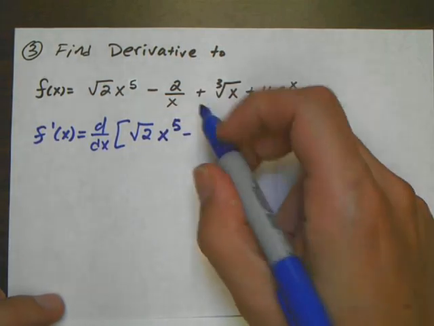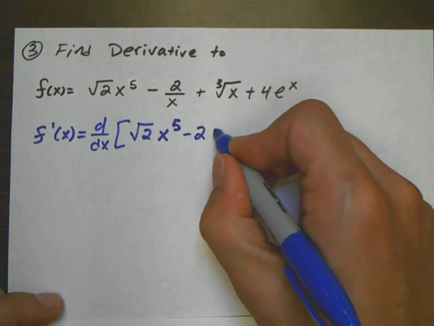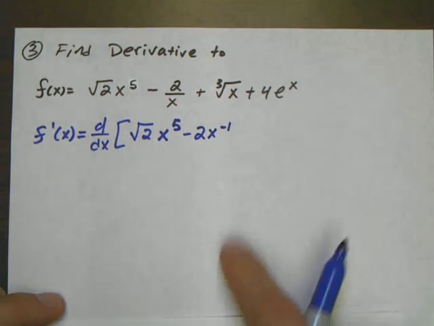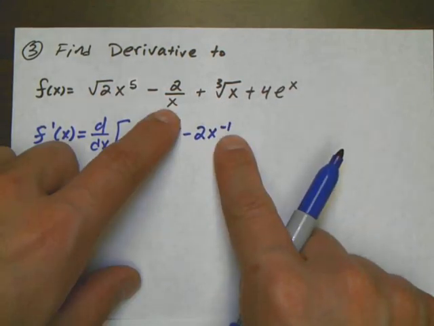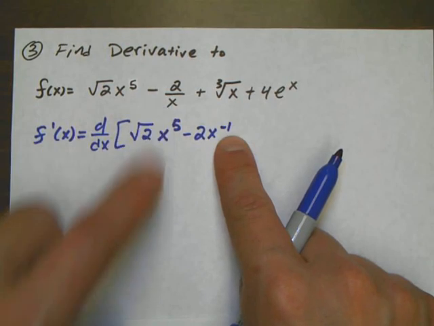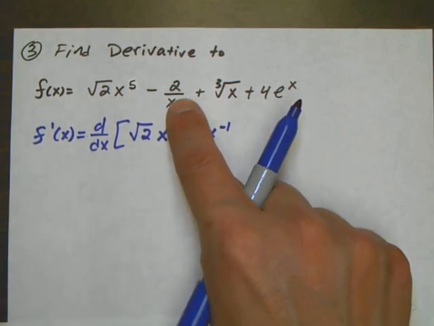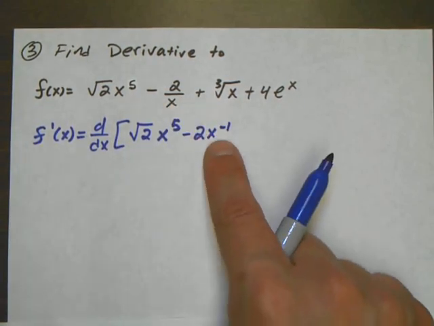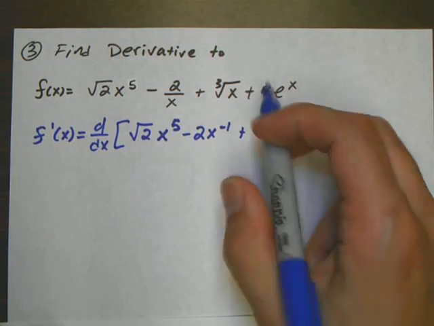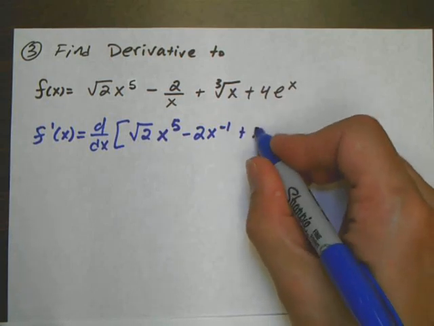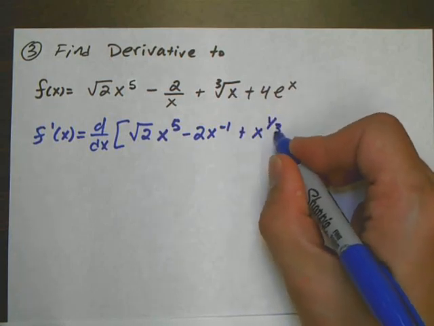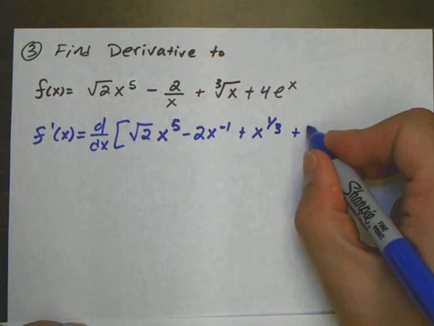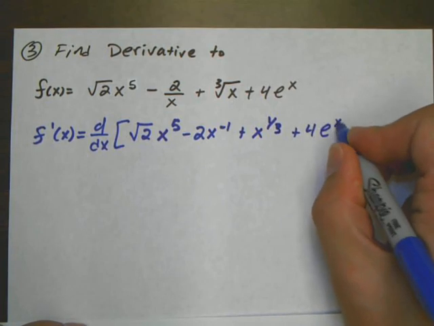This 2 over x is the same thing as 2x to the negative 1st power, because it's in the denominator, so it's a negative exponent, and it's a little invisible 1 that we never write, so it's 2x to the negative 1. Cube root of x is x to the 1/3, and this is just going to be a 4 e to the x.